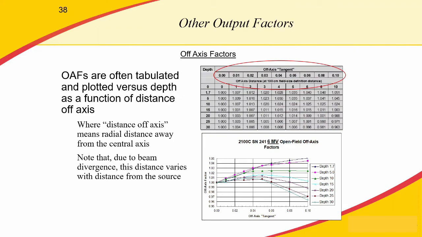And again, these tables are included in the dose output information that's shared by your department. Either it's a printed out binder that's somewhere, or these are PDF files on a shared drive. And you would look up these factors and include them in your calculation of dose or monitor unit.